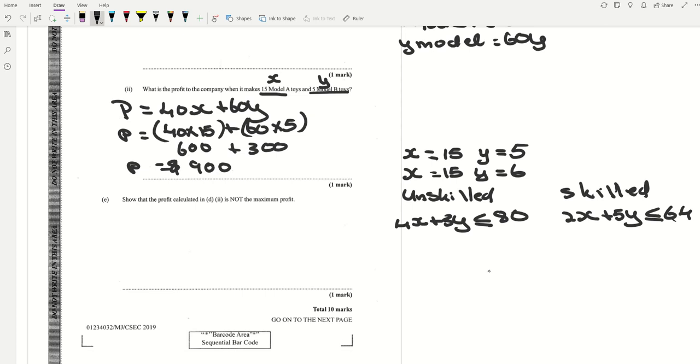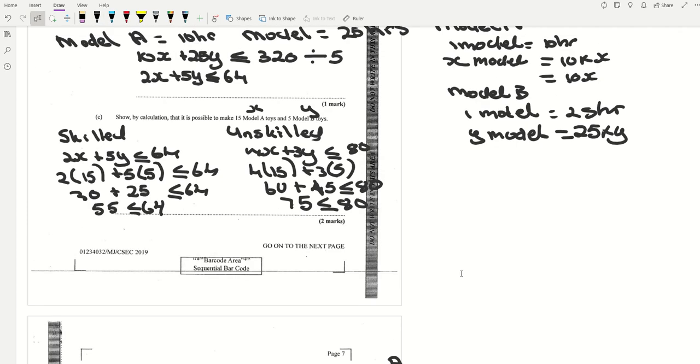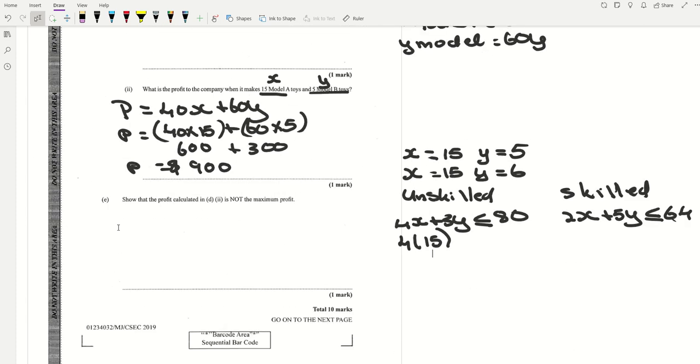I would not add an extra x because both of them had an extra 3 hours. So 4 by 15 is 60. 6 3s are 18. 60 plus 18 is 78, which is still less than 80.